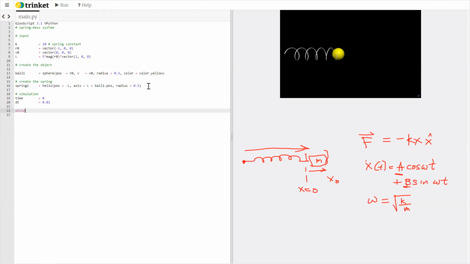Then we create a while loop. So let's say time is less than 10 seconds. Then we fix the rate, 1 over dt. Inside the while loop, we will enumerate all the update equations.